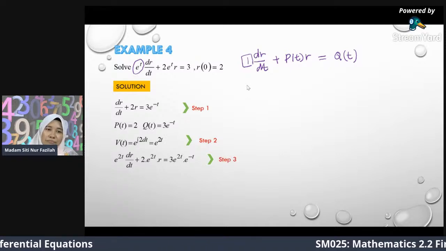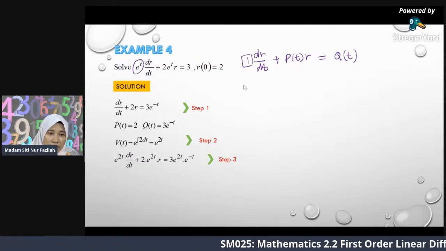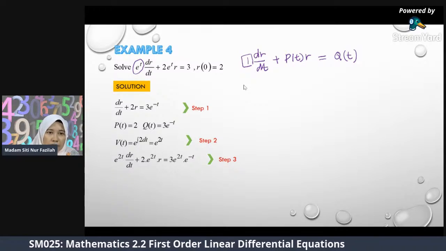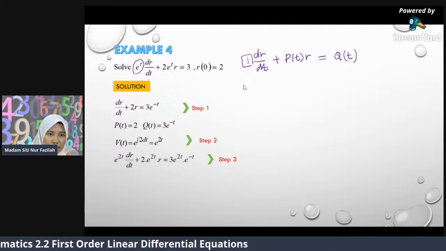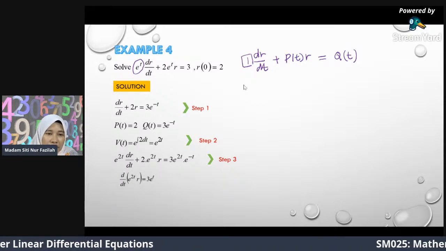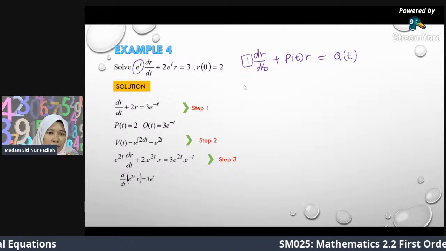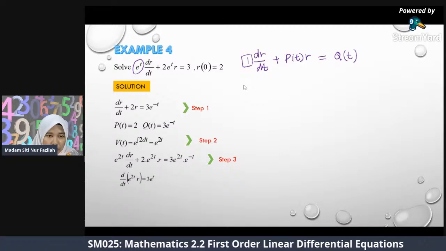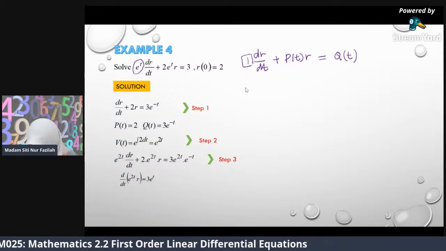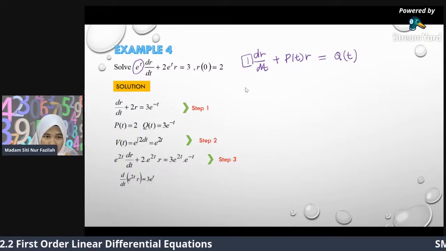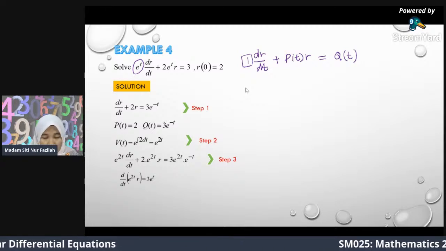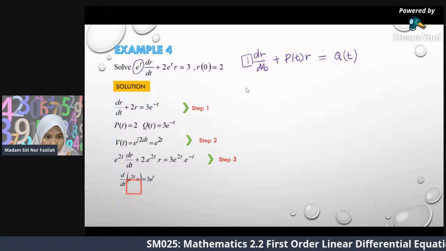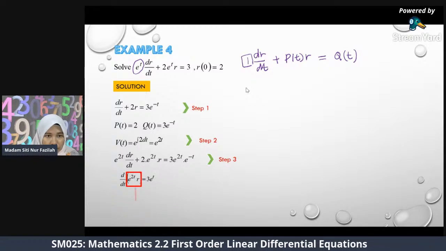And then we need to revise: not d/dx, this one is d/dt. So d/dt of v(t) r, because r is the dependent variable. That gives d/dt of e^(2t) r = 3e^t.